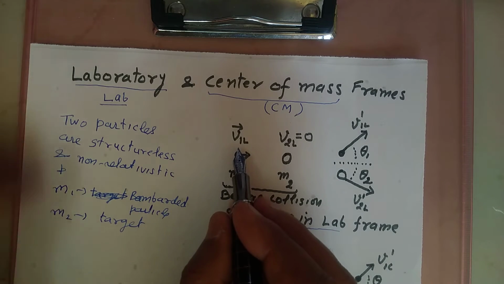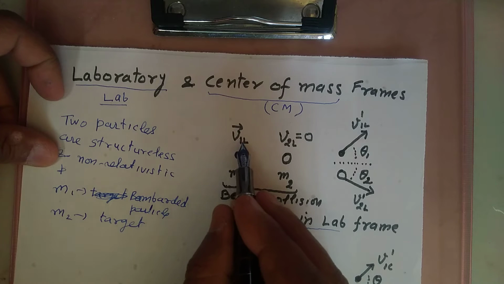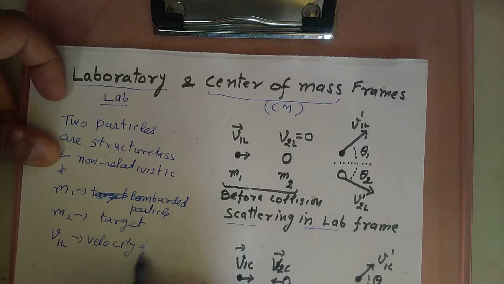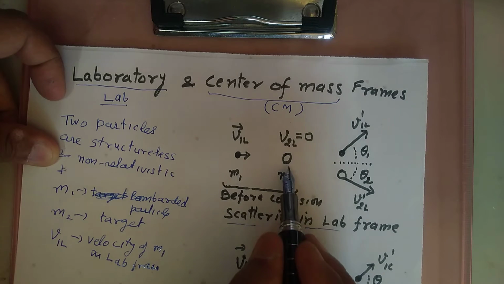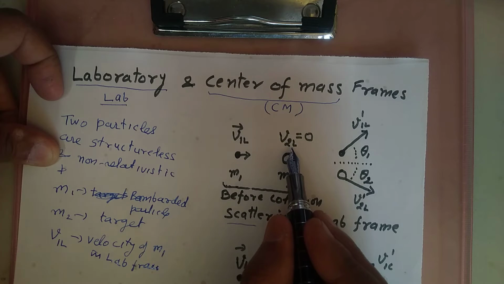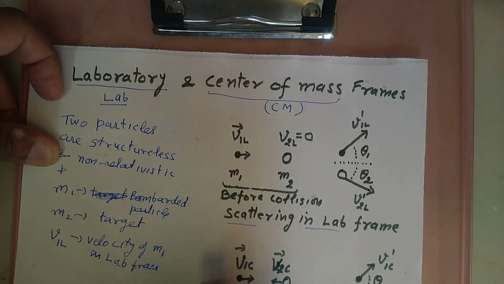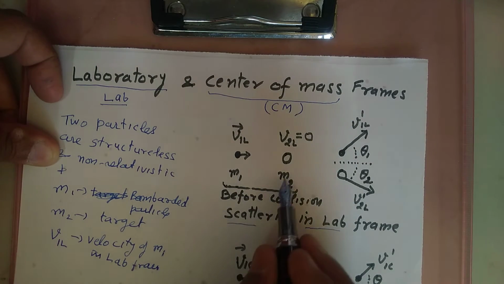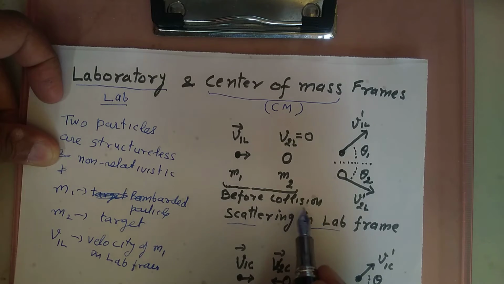And here the term V1L represents the velocity of the M1 particle in the laboratory frame, in lab frame. And similarly here in the lab frame we will consider that the M2 particle is at rest, and this is the specification of these particles before the collision.